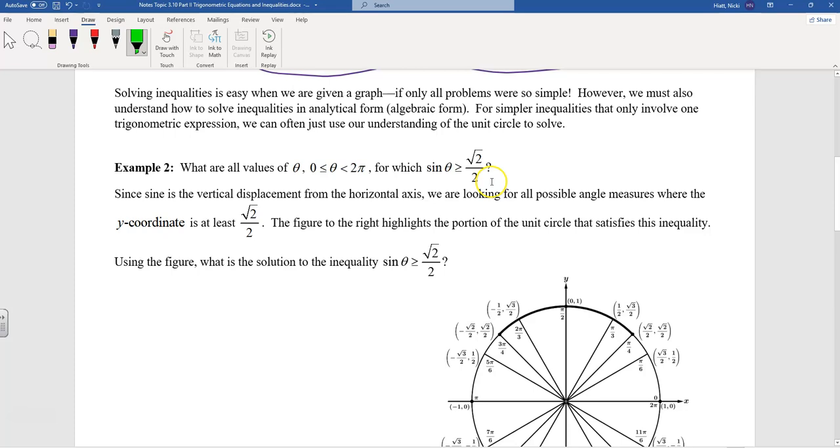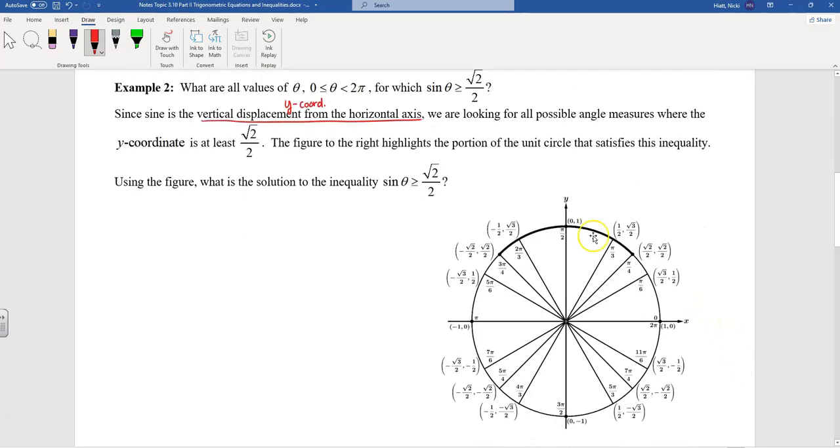Okay, so sine is the vertical displacement from the horizontal axis, that's your y coordinate. We are looking for all possible angle measures where the y coordinate is at least root 2 over 2. So, if you look over here, we're given the unit circle. And I can tell that sine, my y coordinate, is square root of 2 over 2 here, and the square root of 2 over 2 here.